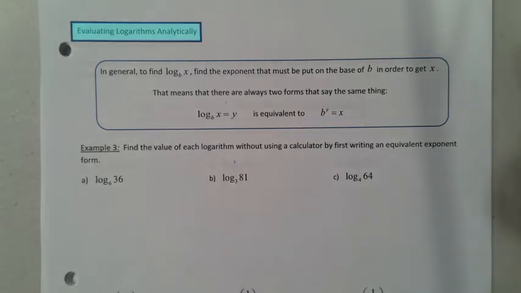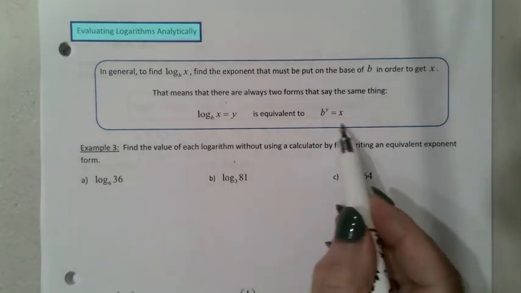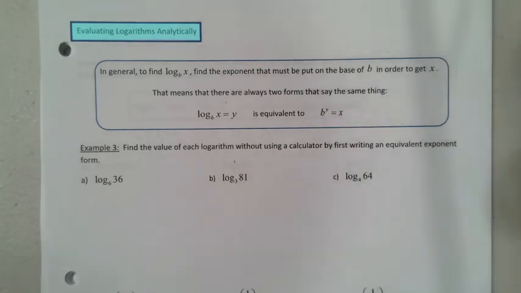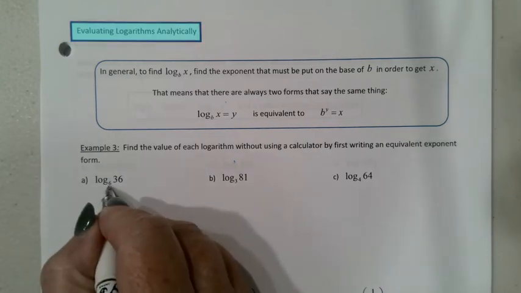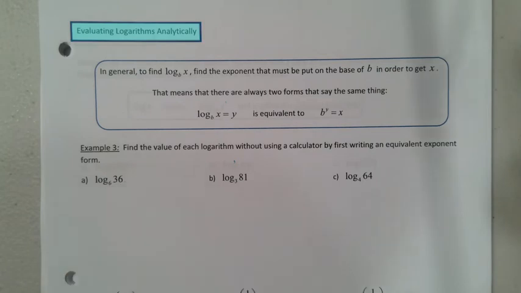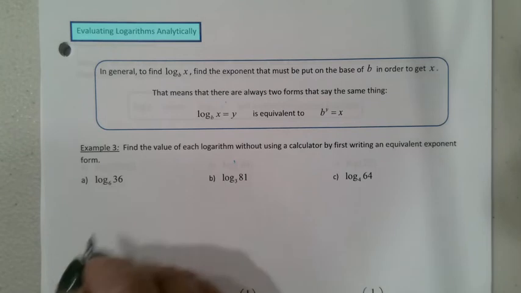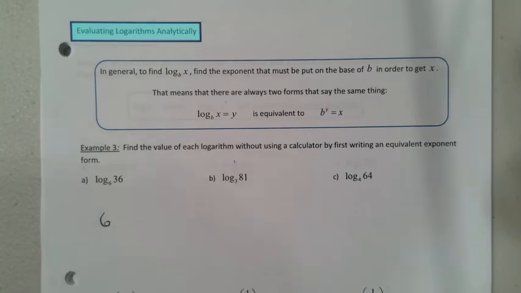So, in general, we'll always start by taking our logarithm equation and thinking of it in terms of the exponential that it's associated with, because that's our best bet for actually evaluating the log. So here, if I'm thinking I would like to know what the logarithm base 6 of 36 is equal to, I identify first that the base is 6.